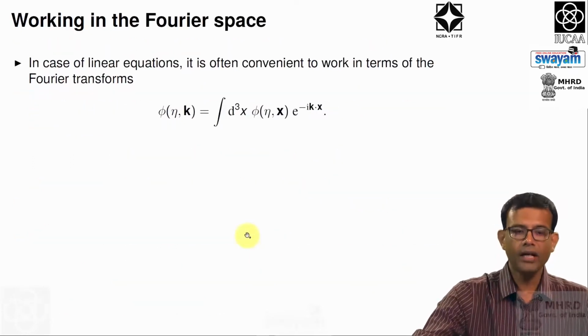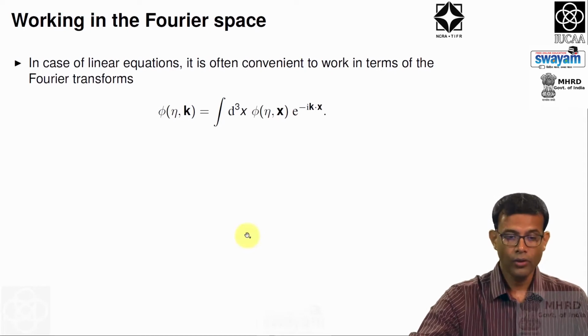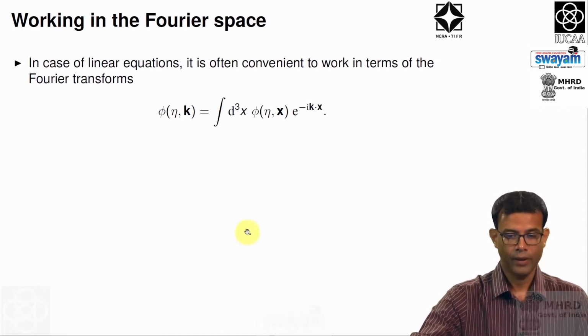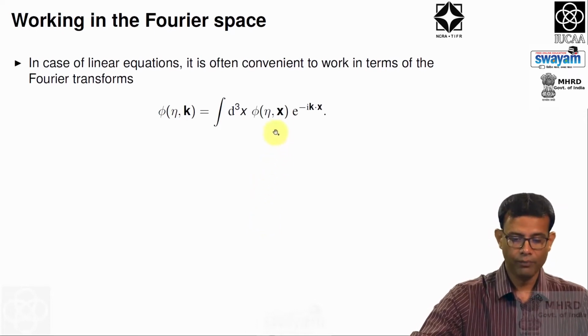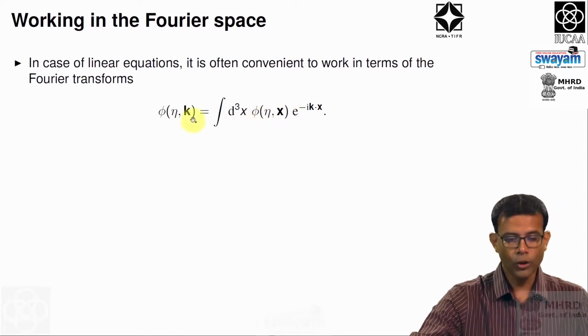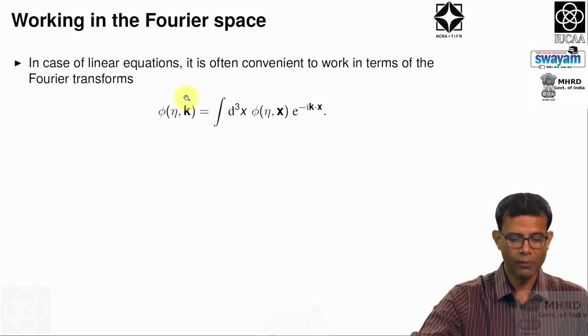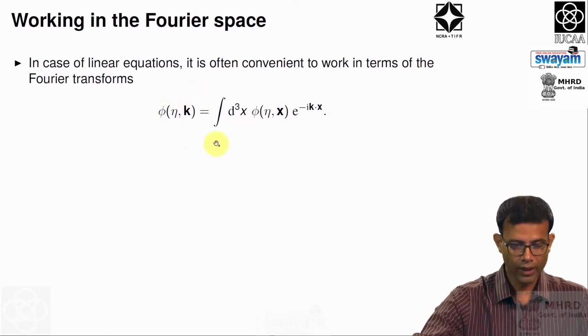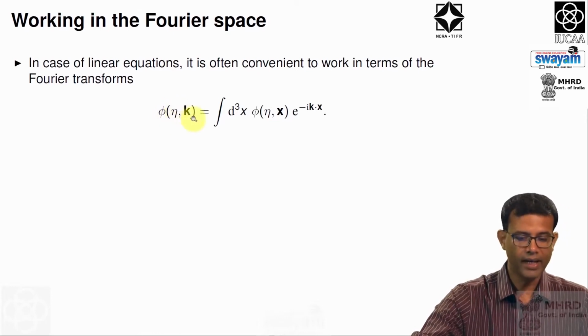Now, whenever we deal with linear equations, it often becomes helpful to work in Fourier space. So, instead of using functions of position, you go to the Fourier domain by introducing the Fourier transform, as I have done here. The Fourier transform of phi, which is a function of eta and x, I still call phi, but now it is a function of eta and k.